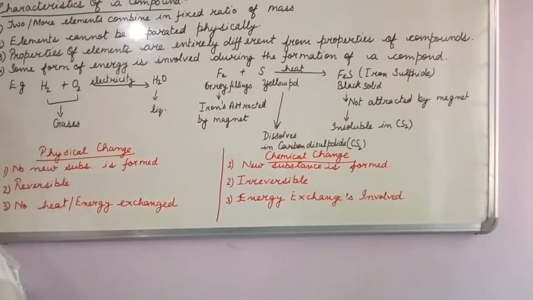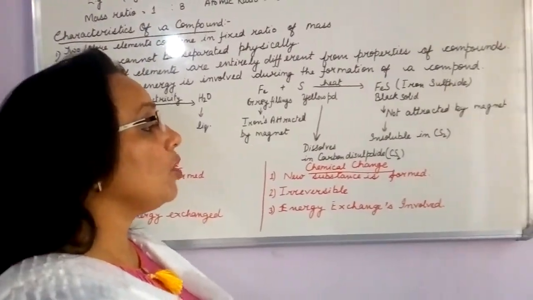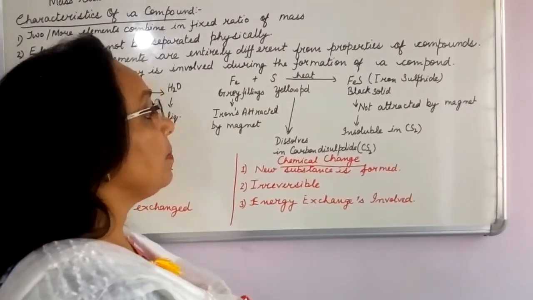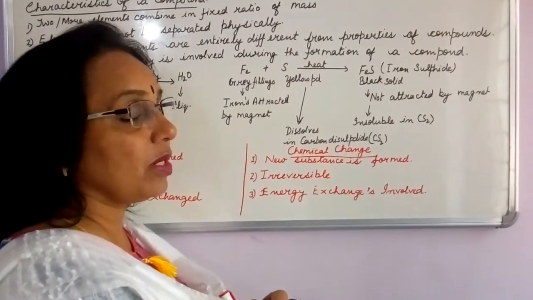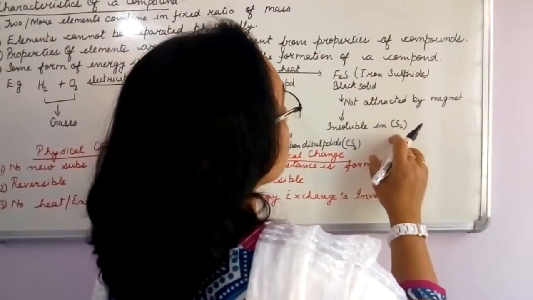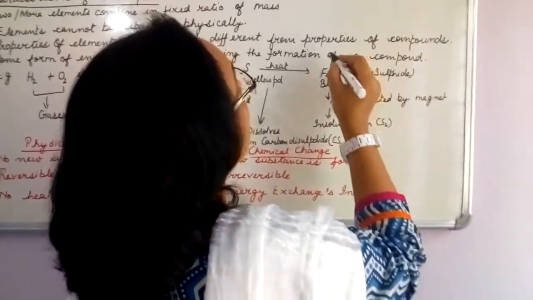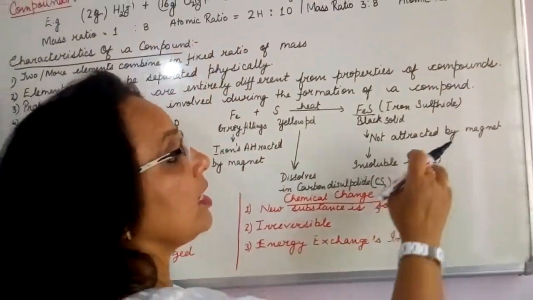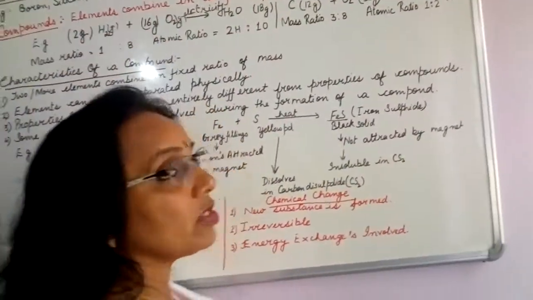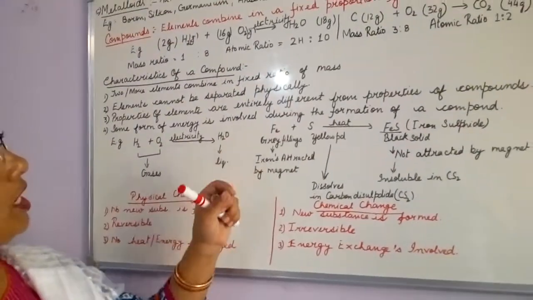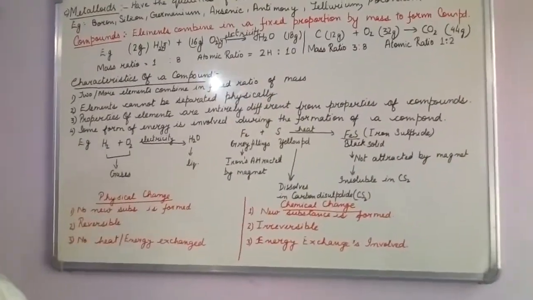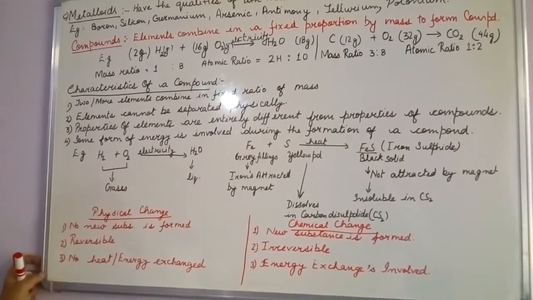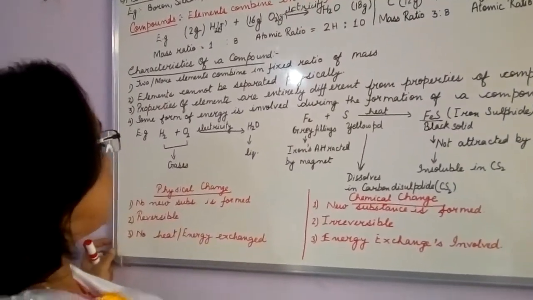Carbon disulfide is a non-polar or organic solvent which dissolves sulfur powder. But if we try to dissolve the FeS, iron sulfide, in carbon disulfide, it is seen that carbon disulfide does not dissolve FeS. So the properties of the constituent elements have changed completely after the formation of the compound.